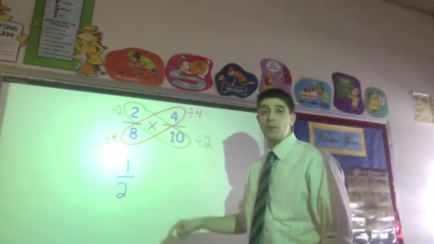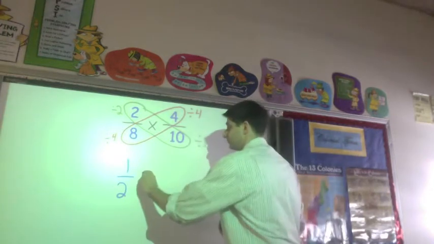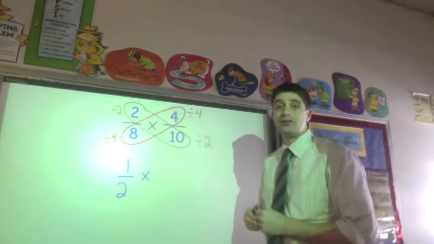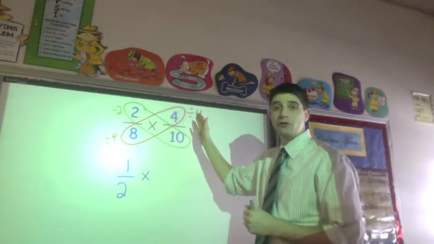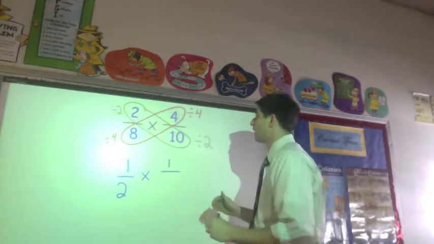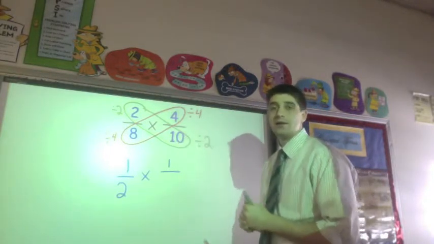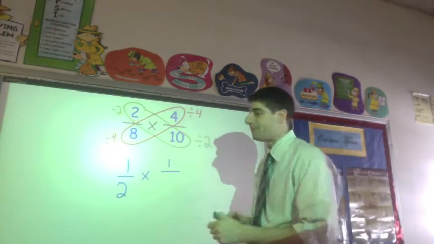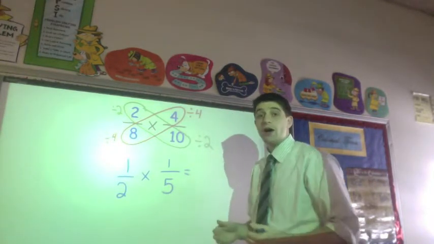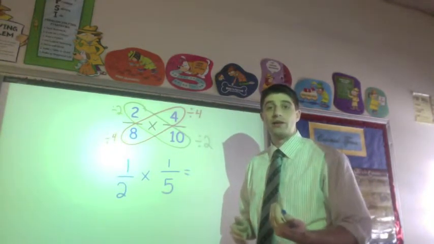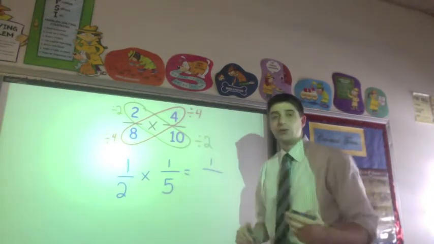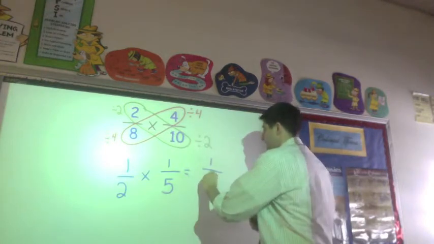I'm going to drop down my multiplication sign, and I'm going to look at 4/10. 4 divided by 4 is 1. 10 divided by 2, yep, it's 5. And now I can multiply. 1 times 1 is 1, and 2 times 5 is 10.